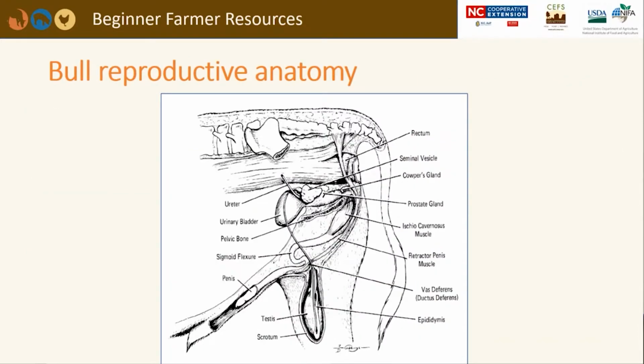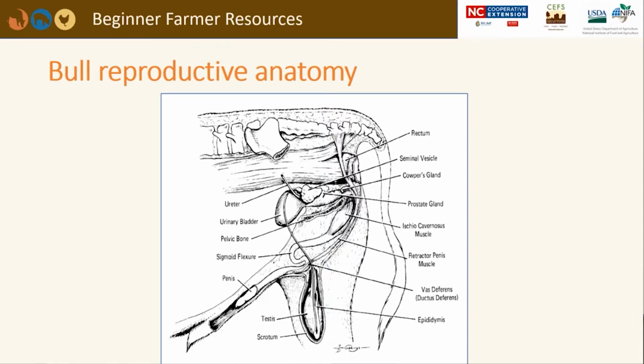Now, I don't want to give you a lot of detail here, but I do want to introduce you to the reproductive anatomy of a bull. And so that's listed here. I will not repeat all the parts, but we do have the accessory glands that are around the system that help to build the semen that goes out and fertilizes the cow. Of course, the semen starts in the testicle and it moves up.